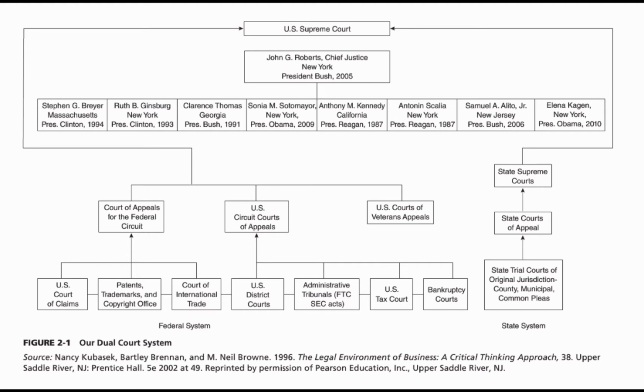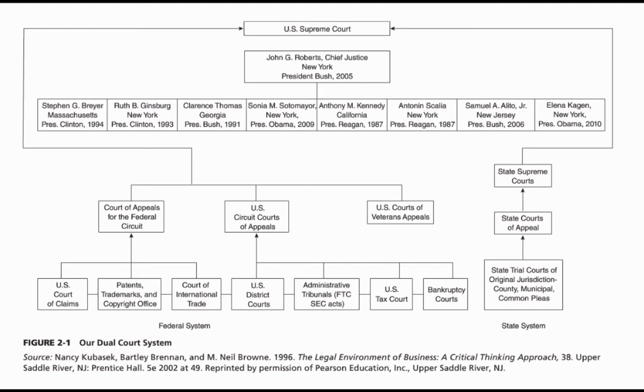Jurisdiction is the power of a court to hear a case and render a decision. The trial court is the court of original jurisdiction, which means that court has the authority to hear and decide the case first. The federal courts of original jurisdiction are the district courts.